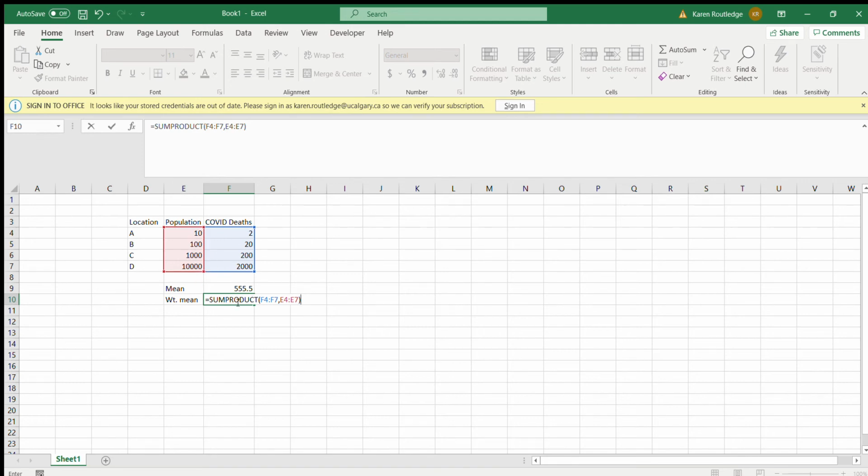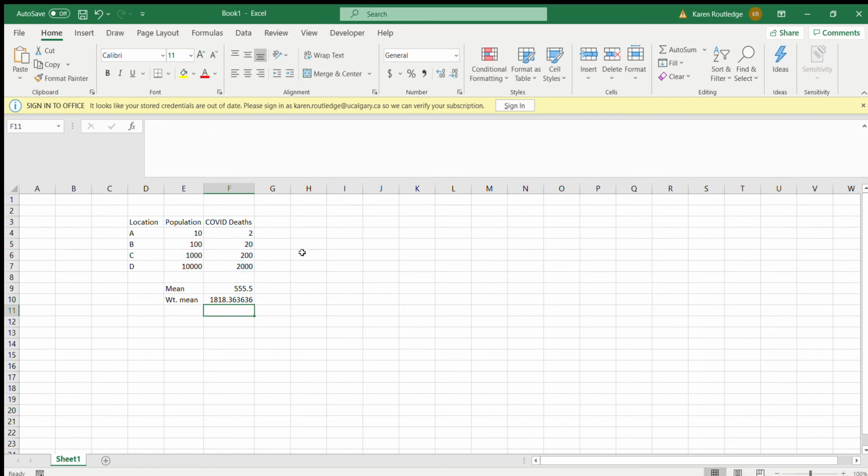That SUMPRODUCT function is a shortcut for all of that. And then we have to divide by the sum of the weights, which is population, and then hopefully that will account for the effect of population on our COVID deaths. So if we do this, what happens? Well, we get a number, but we should always look at our numbers and see if they make sense.